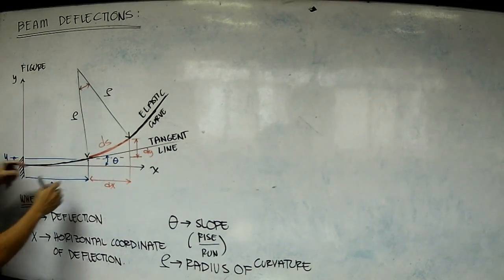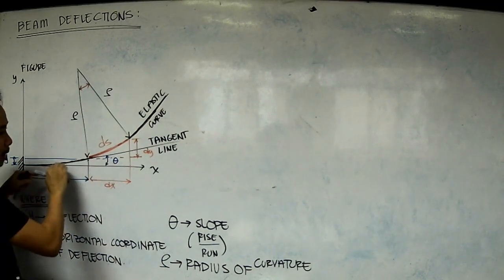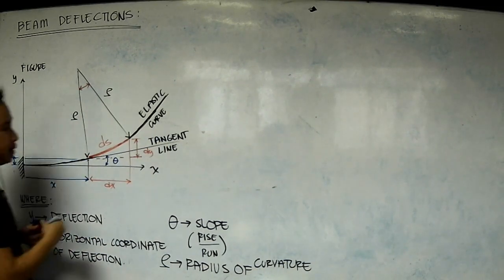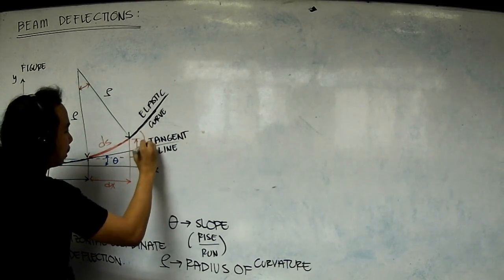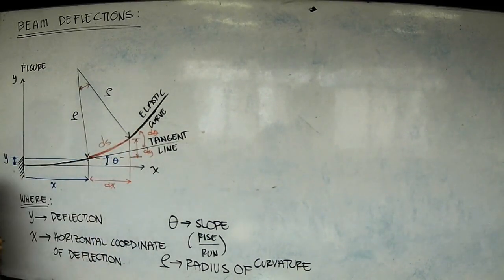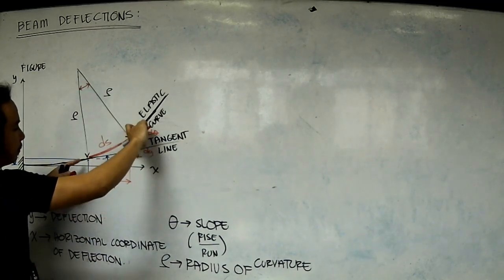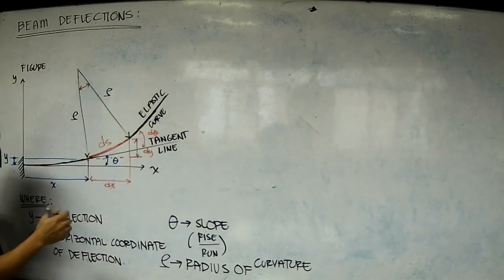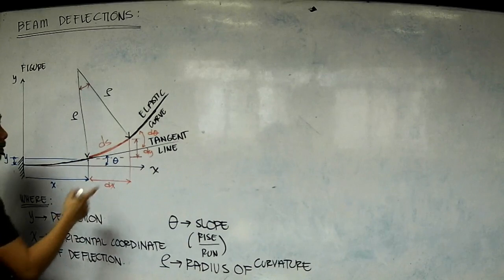If this is theta, which is rise over run of the tangent line to the curve at this particular point, then there is also a change in theta. I'll just call this d theta. If this is d theta, we can take this strip, or you can prove it via trigonometry.